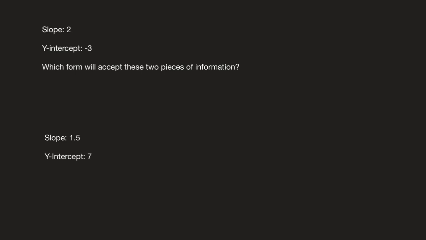What form would accept a slope and a y-intercept? Slope-intercept form. Okay? So we're going to look at that and say, hey, I'm given a slope, I'm given a y-intercept, I have this form called slope-intercept form that will take these two pieces of information now, immediately, okay?